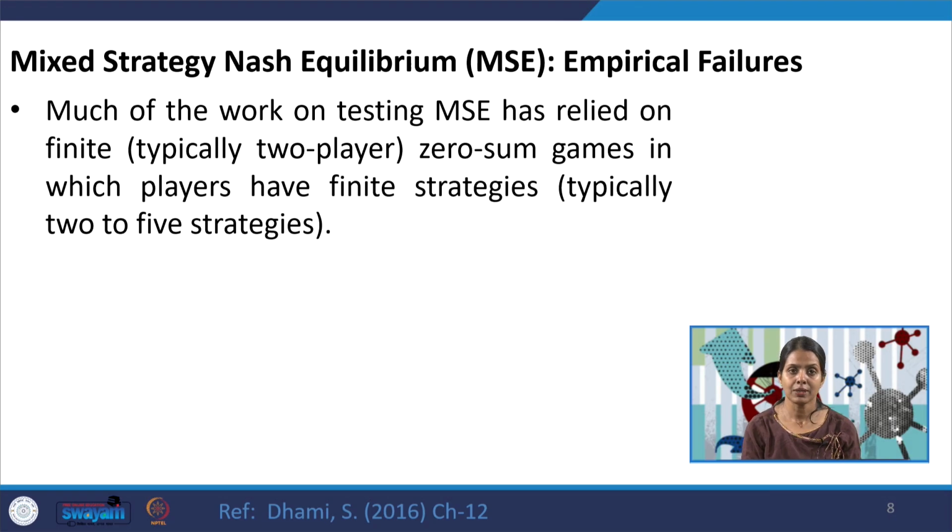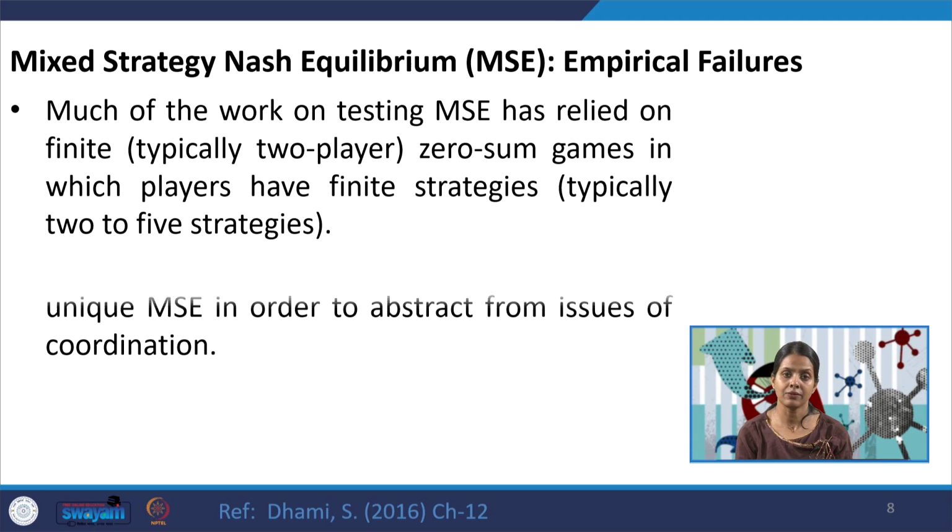Next, we talk about mixed strategy Nash equilibrium and empirical failures in them. Much of the work on testing MSE, or mixed strategy equilibrium, has relied on finite, that is typically 2 player zero sum games in which players have finite strategies, typically 2 to 5 strategies.